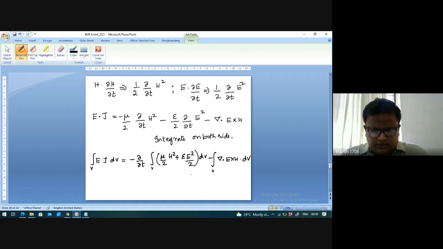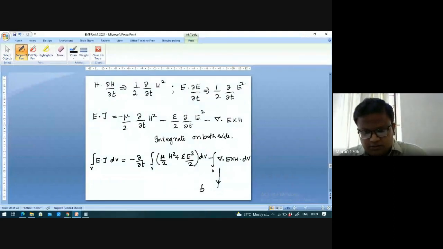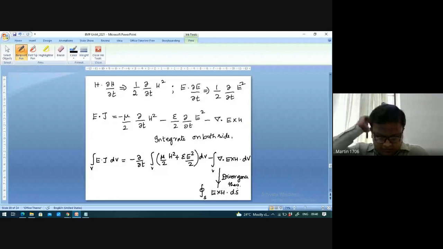Now you see this expression looks like a divergence. If I apply del dot to this, it can be replaced like this: a volume integral, when you apply the divergence theorem, becomes a surface integral of E cross H dot dS.